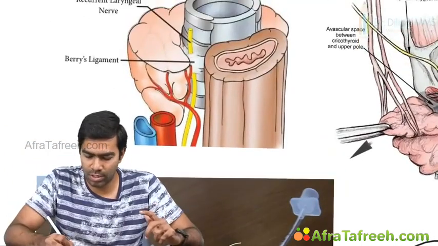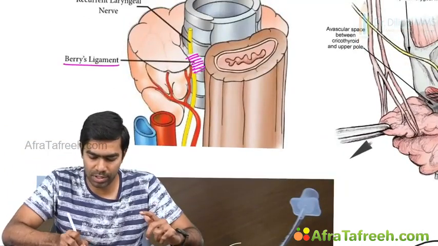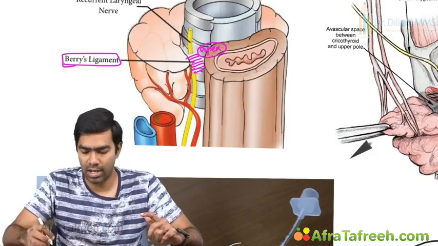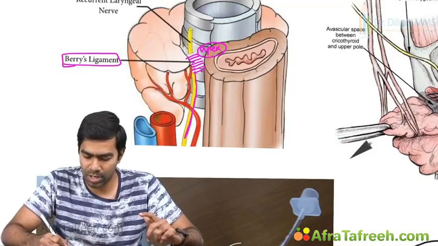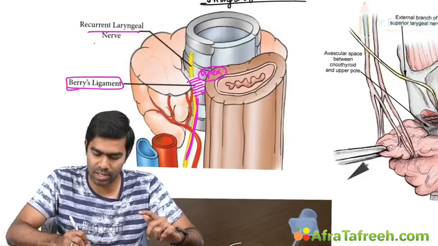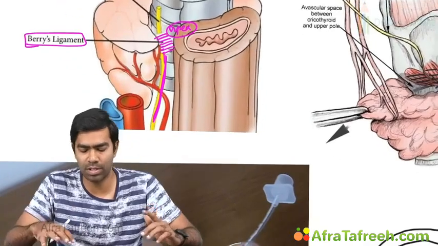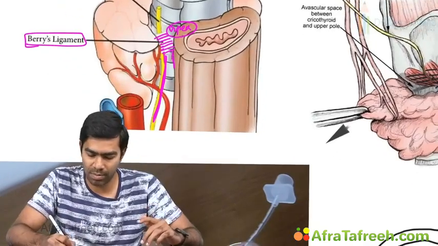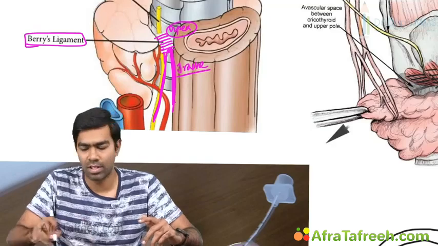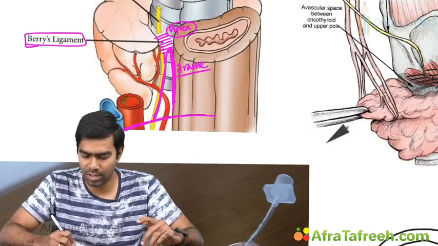For that you have to know there is something called Berry's ligament here. This forms the apex. The lateral side is formed by the recurrent laryngeal nerve itself. You know definitely this is the recurrent laryngeal nerve, and the medial part will be formed by the trachea. The inferior part will be formed by the soft tissues.